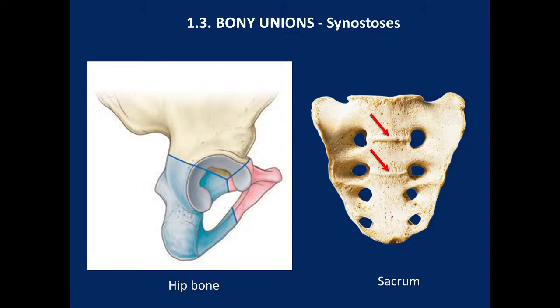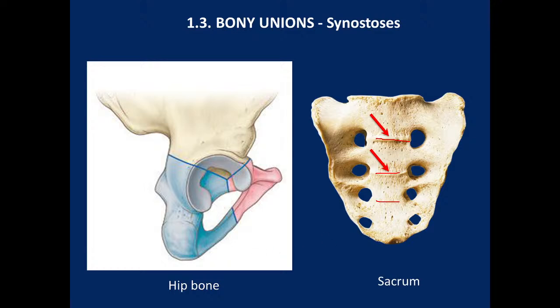So this is just the lines between the sacral vertebrae, which are fused after some period of time.